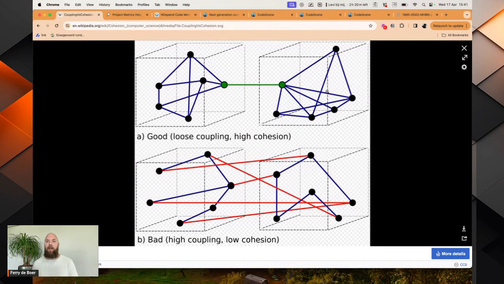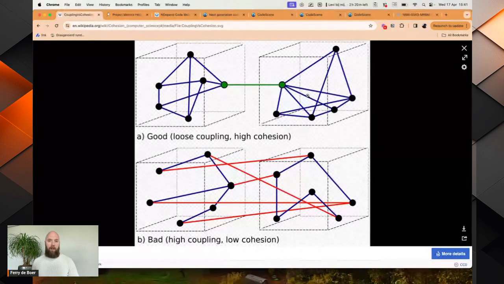Because this could indicate that, let's assume that this is a method and this is a method, that you might need to first call this method before you actually access the variables yourself or whatever. But that's a different discussion that goes beyond visualizing what cohesion means or the lack thereof.